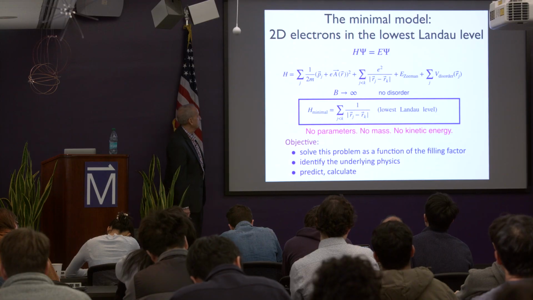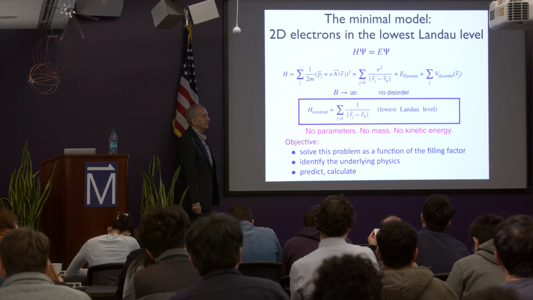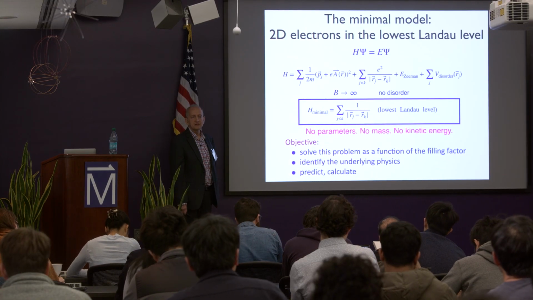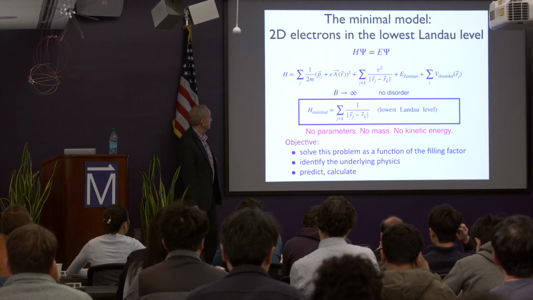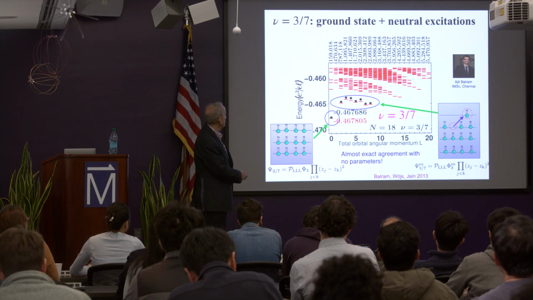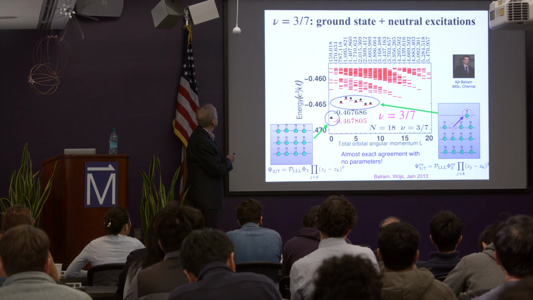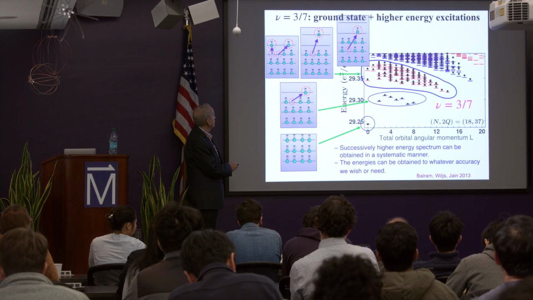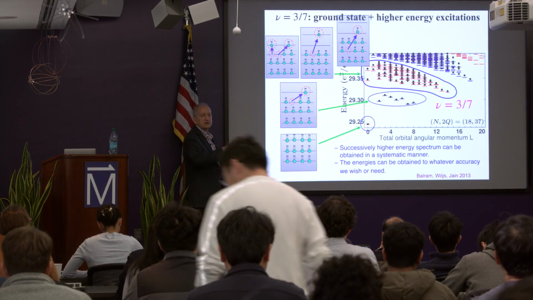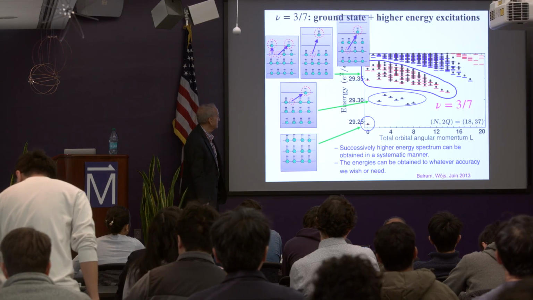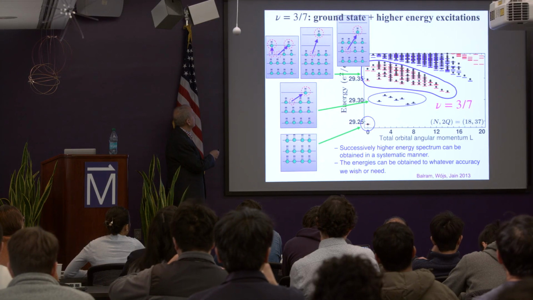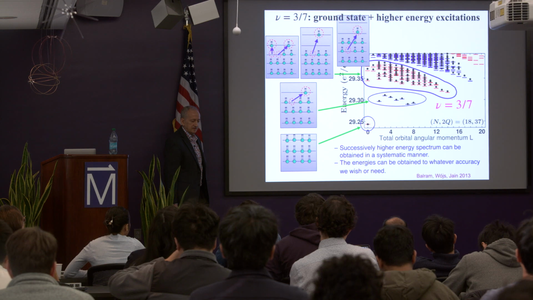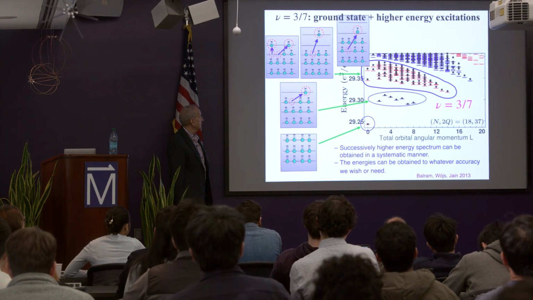So we saw that the theory within this idealized model, where all electrons live only in the lowest Landau level, was shown to work extremely well. So these are some comparisons. So this is filling factor 3.7. In fact, we can show that you can fill higher and higher energy states if you want, by considering higher and higher energy excitations of composite fermions.